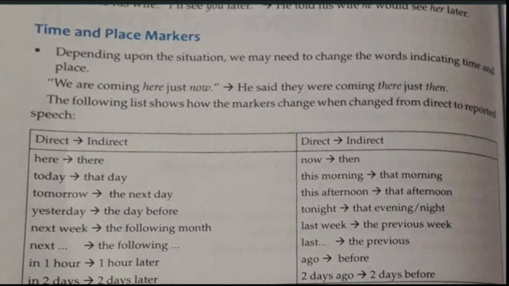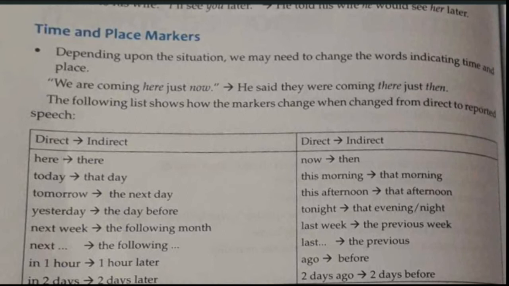In 2 days, it is 2 days later. Then now, in indirect, you can say then. This morning, direct. That morning, indirect. This afternoon, direct. That afternoon, indirect. Tonight is direct. That evening or that night is indirect.